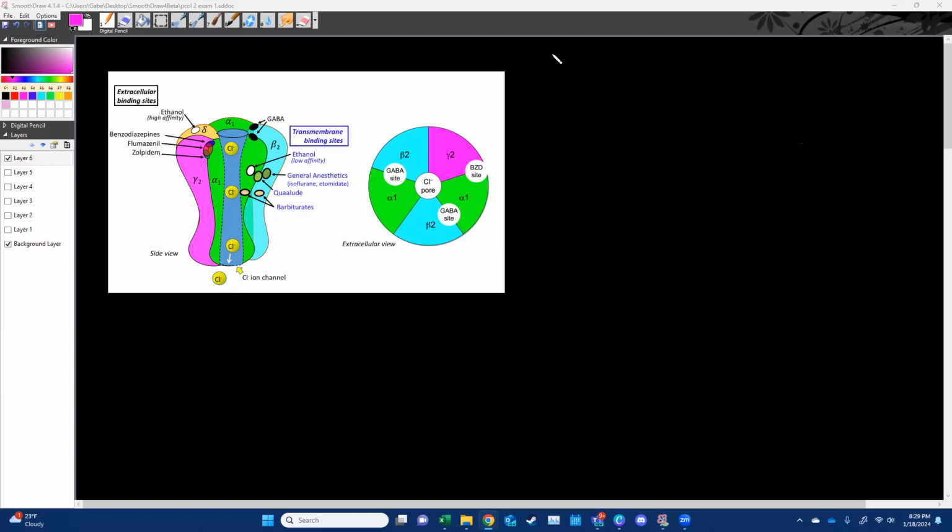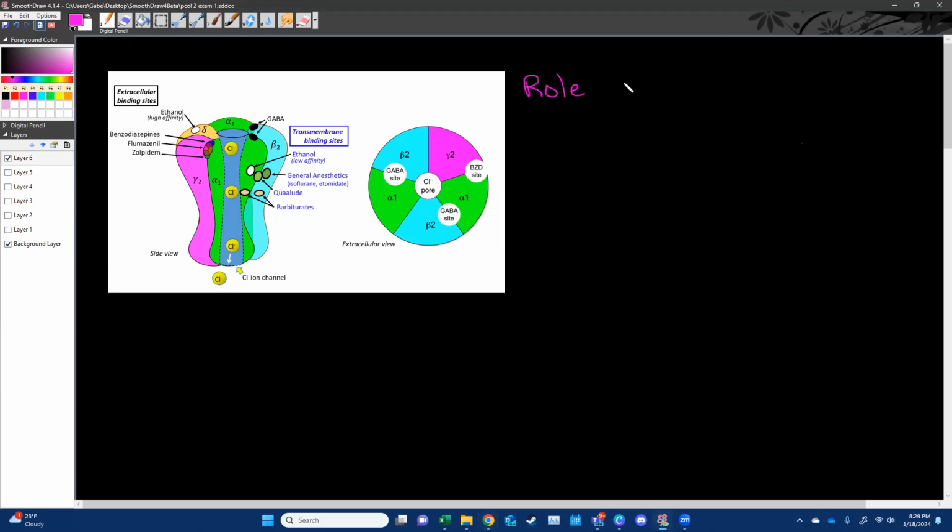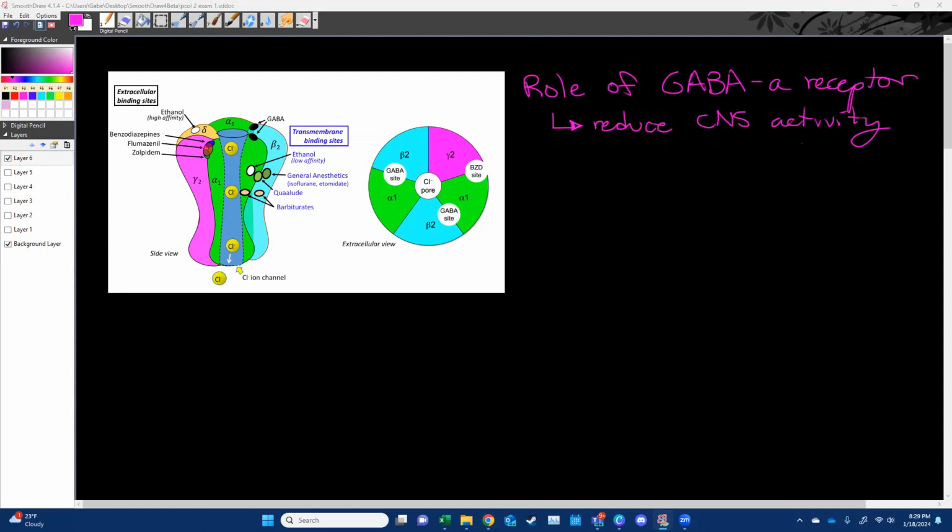The role of GABA A is to reduce CNS activity. These drugs are going to pretty significantly turn off the brain's activity, but not all of them are going to be working the same.